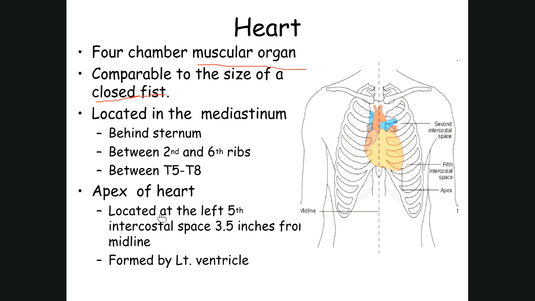Where is the apex of the heart? It is located in the fifth intercostal space. What do you mean by intercostal space? It is the space between two ribs. Okay, fifth intercostal space, 3.5 inches from midline.